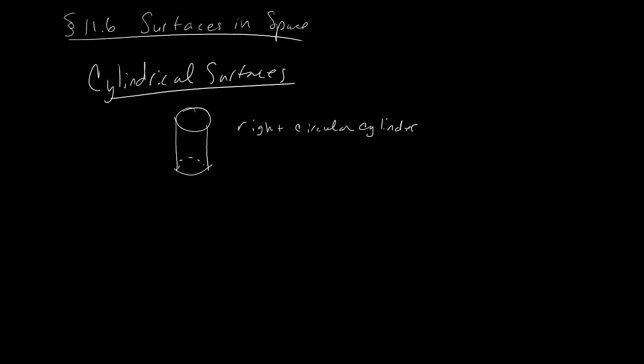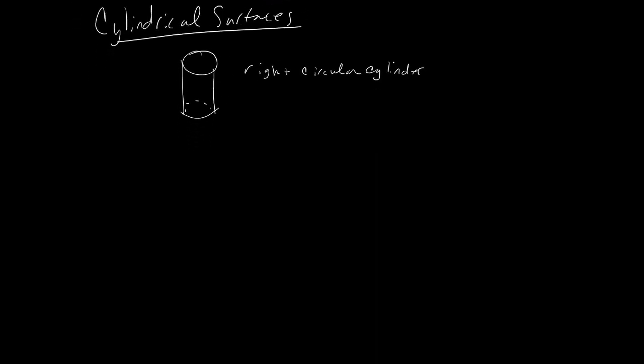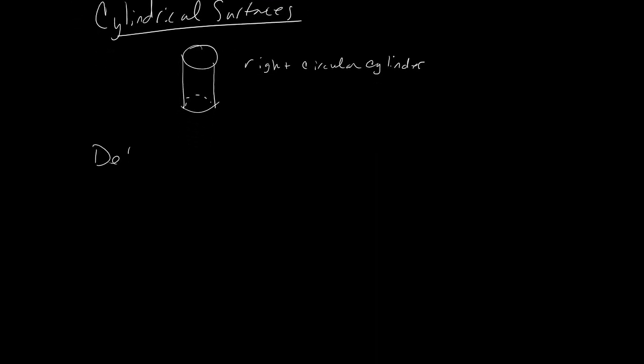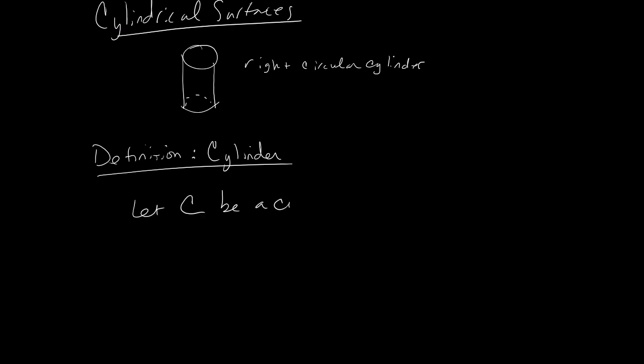Cylinders actually are a much broader family of surfaces. So let me give you the definition and then I'll give you a few examples. The definition for cylinder: let C be a curve in a plane, and L be a line not parallel to that plane.